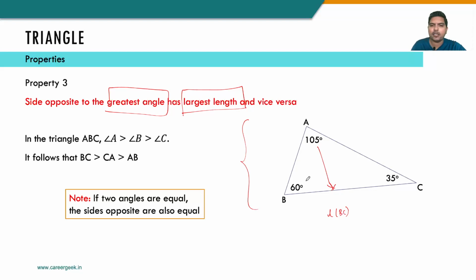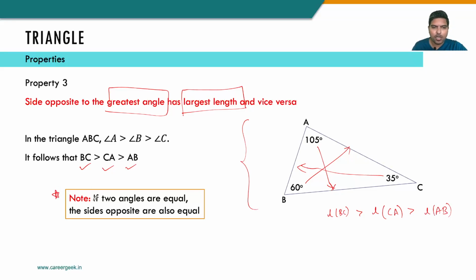Then the next greater side is AC because it's opposite to the next largest angle. So length of side BC is greater than length of side CA is greater than length of side AB. That's what is given.